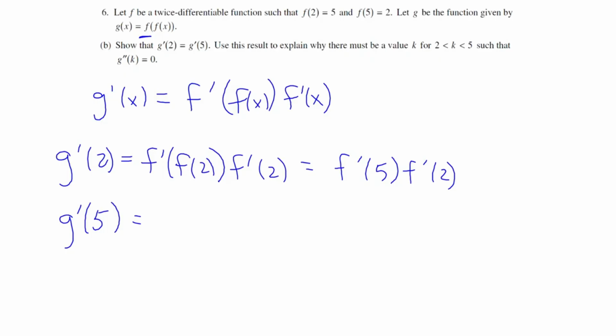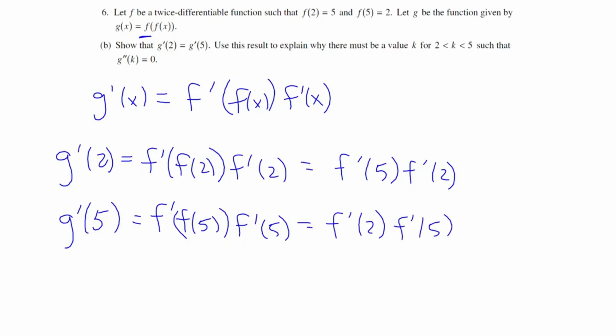But we can find g prime of 5 and see if it looks the same as that. That's going to be f prime of f of 5 times f prime of 5. And we know that f of 5 is 2, so this becomes f prime of 2 times f prime of 5. And obviously, those are equal to each other. So g prime of 2 equals g prime of 5.